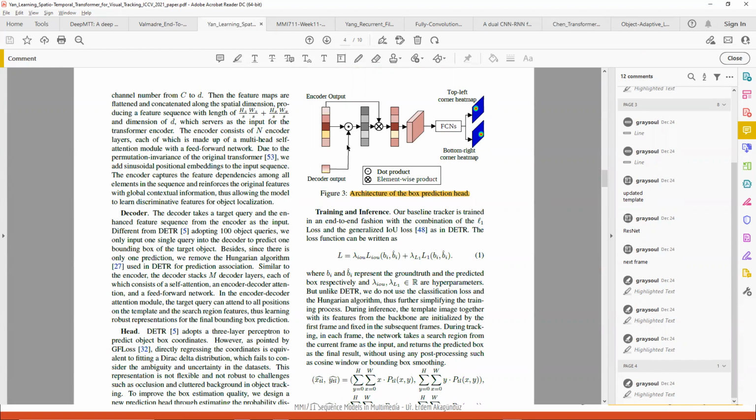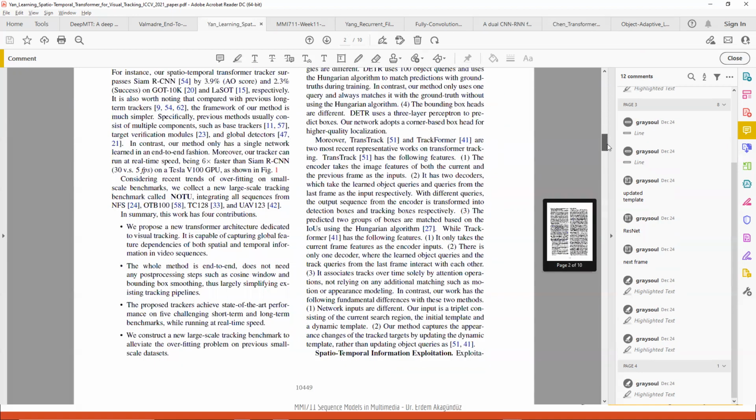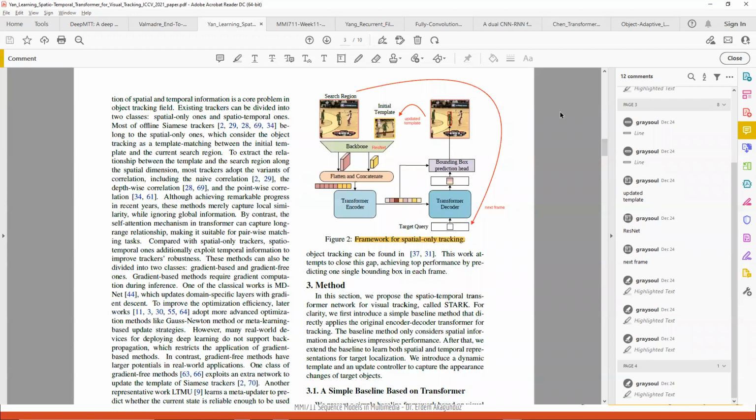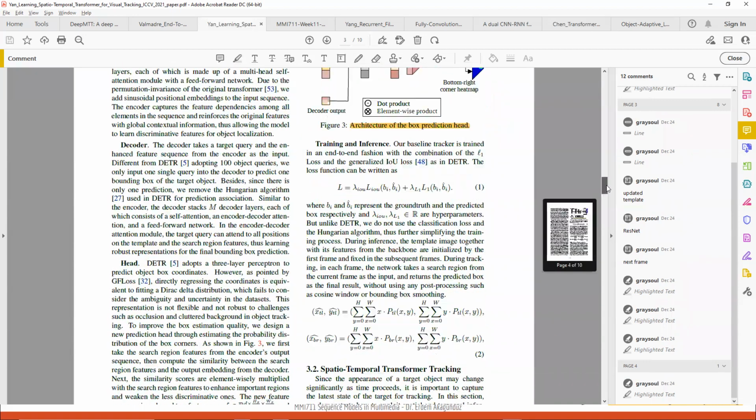So it's like the decoder output and the encoder output, concatenated, multiplied, and there's a fully connected layer and a multi-layer perceptron to create the heat map. And using that heat map, they obtain the outputs of the target. The output is always a heat map.